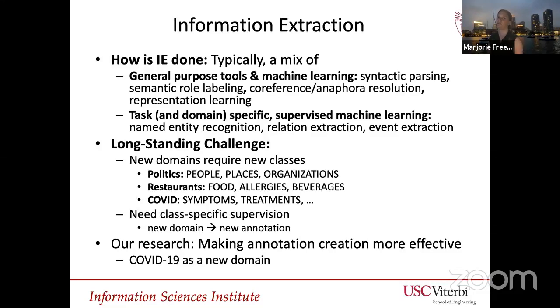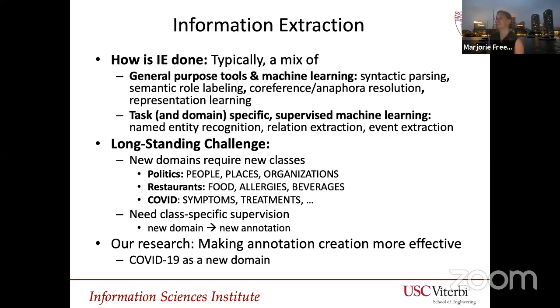Can you find the names of people, the names of organizations, the names of places? Can you find certain types of relations, where an organization is operating, what the headquarters of a company are, where a person was born, and certain classes of events? Who met with whom, where did the meeting happen, who traveled where, and when.